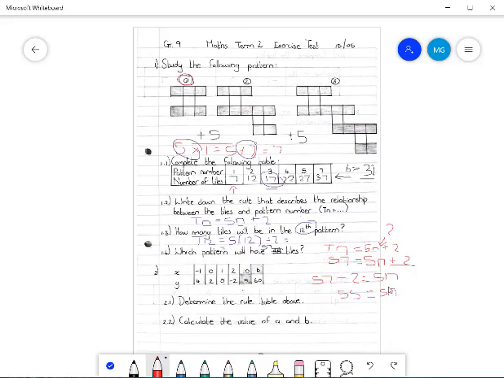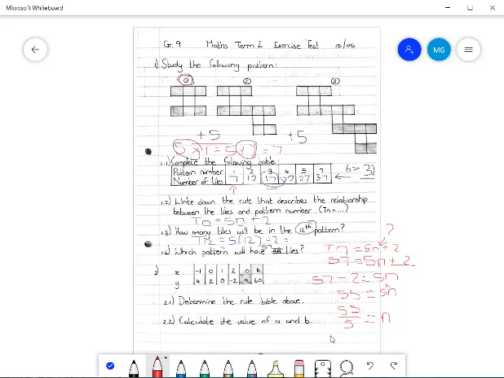How do I get n alone here? Remember, 5n means 5 times n. If I multiply on this side, and I take it over, I'm going to divide on the other side. So it's going to become 55 divided by 5. Okay, 55 divided by 5 is 11.